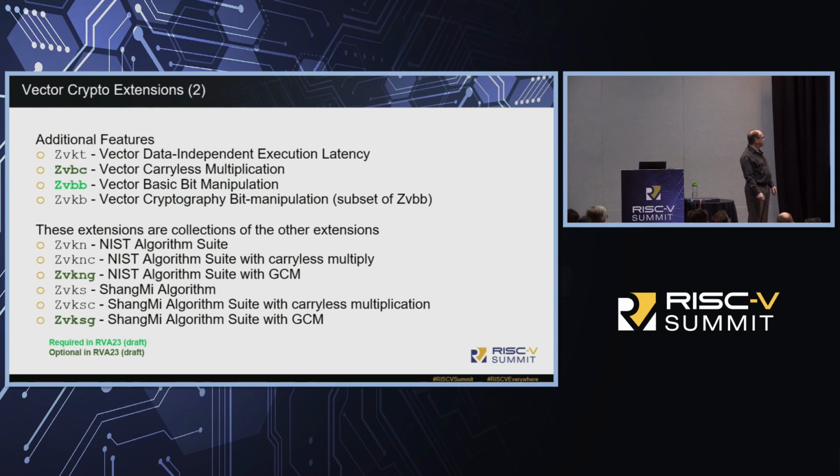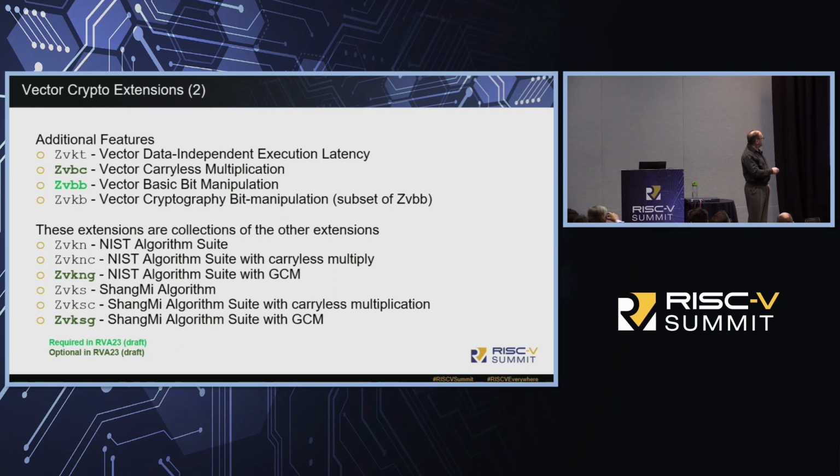So the next one includes carryless multiply, and the one after that includes GCM. We have the same kind of extensions or packages for the Shangmi algorithms. So ZVKS includes SM3, SM4, and then also ZVKT and ZVKB.